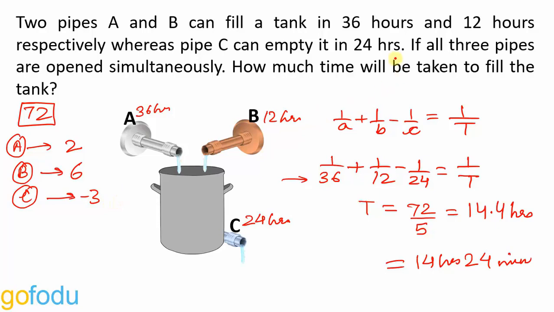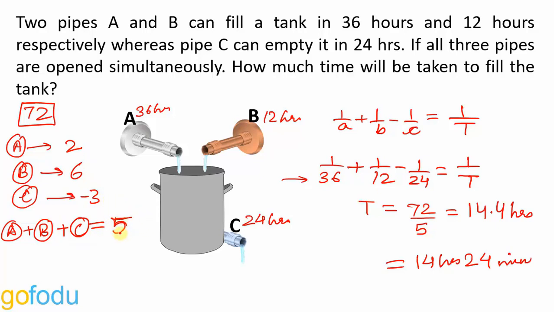So 24 hours are required to finish 72 units of work. In 1 hour, C must be doing 72 upon 24, minus 3 units of work. Minus because C is doing negative work. C is emptying the tank. When all three work together, we will add their individual rates. This will be equal to 2 plus 6 minus 3, that is 5.